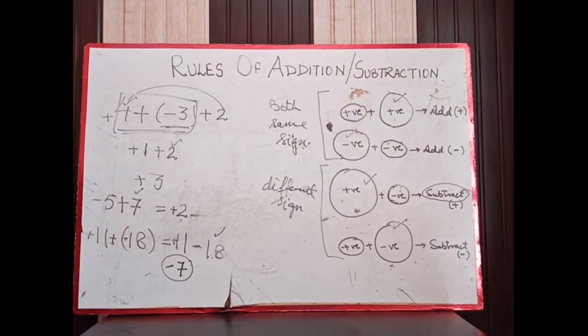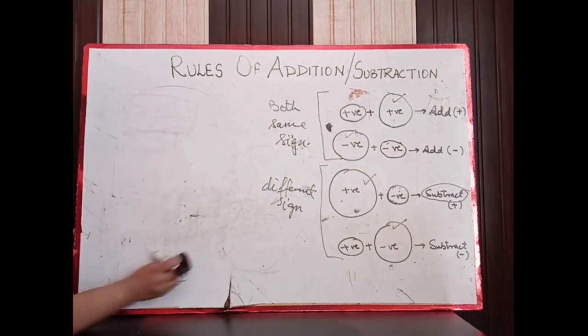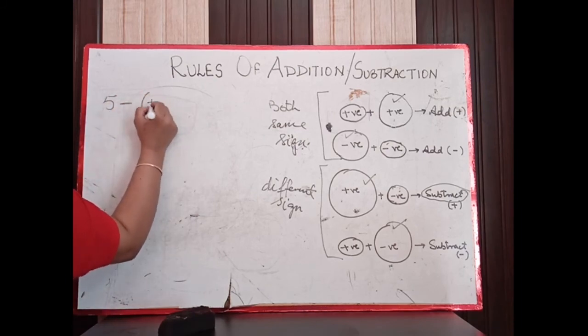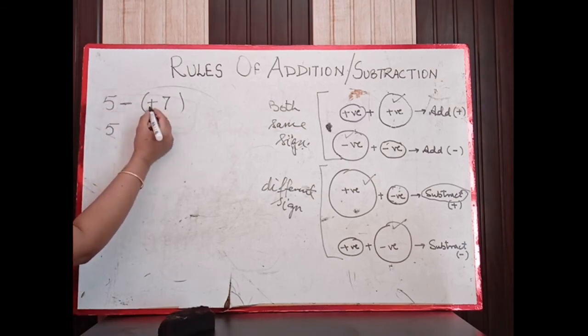For subtraction, let's take one more example. 5 minus plus 7. We have subtraction here. So what we will do? We will solve the bracket. 5, minus will be multiplied by plus.